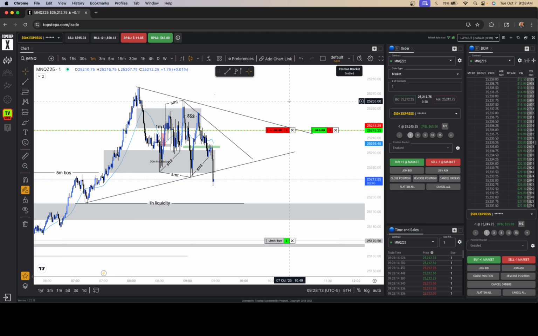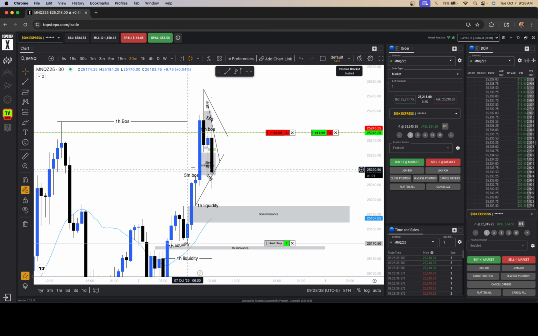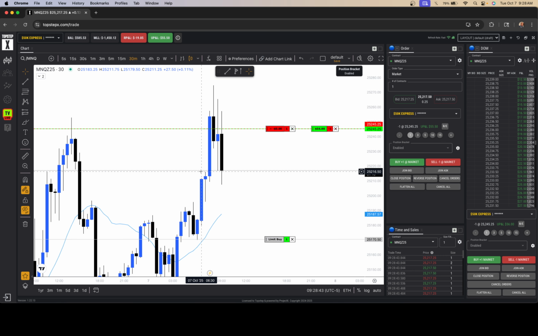So you can see we finally got a decent push to the downside through that level that I've been wanting to see. I'm still not going to be surprised if we get a push back to the upside because we're consolidating. We're now kind of breaking out of the range, but we're still inside of bullish imbalances, and I'm expecting rejections out of the imbalances.